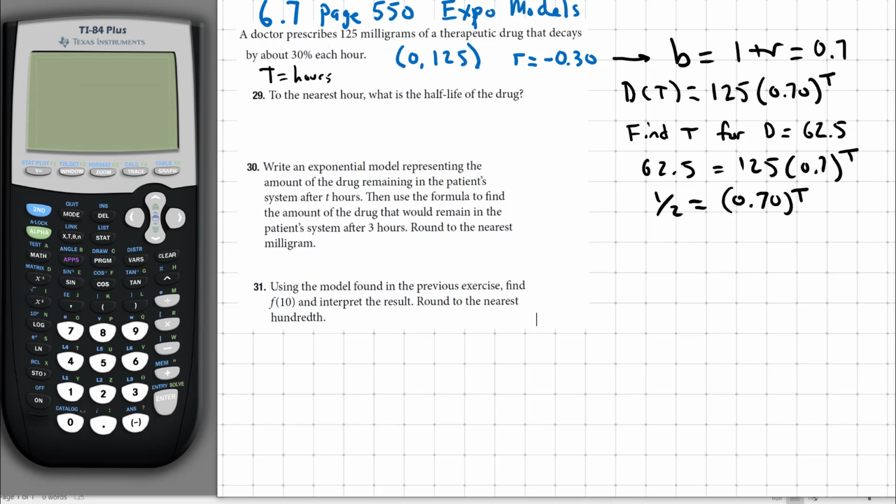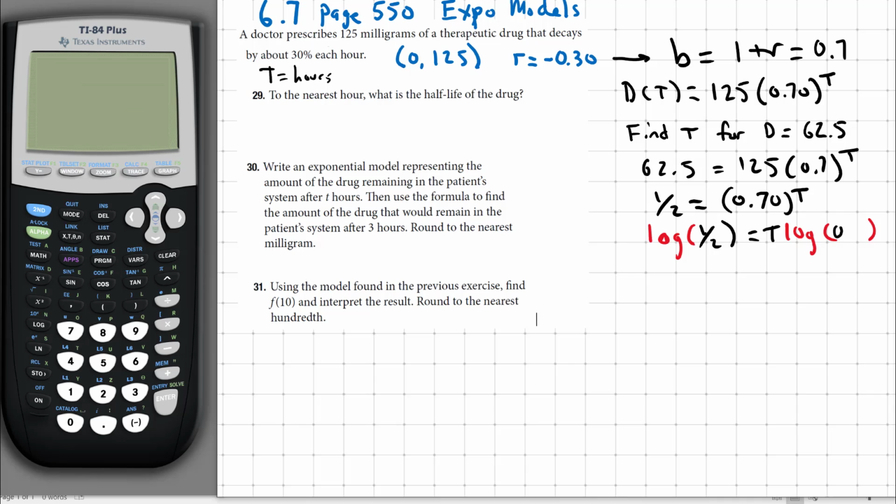And if we do the log on both sides, I'm going to put the log of 1/2 equals, and when I do the log of the expression above it, I'll be able to pull the T out front.